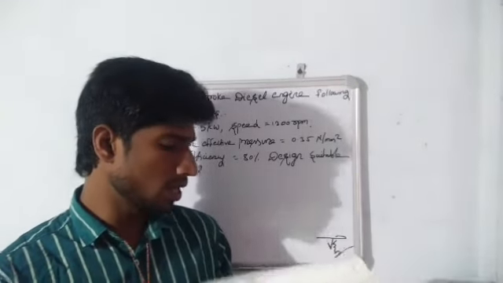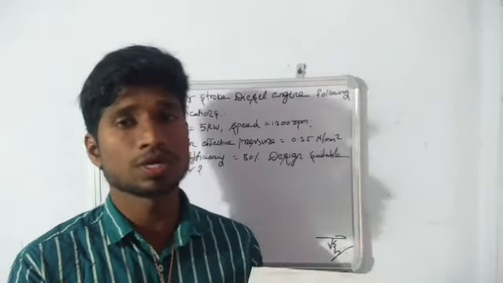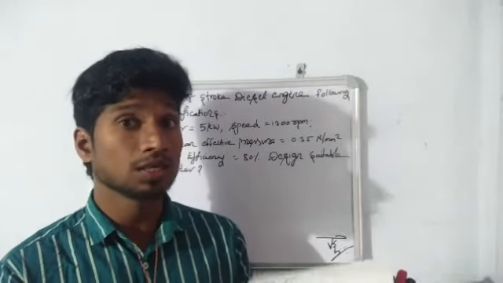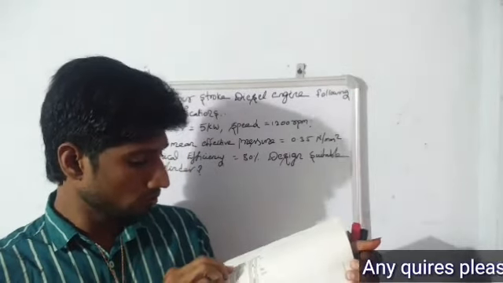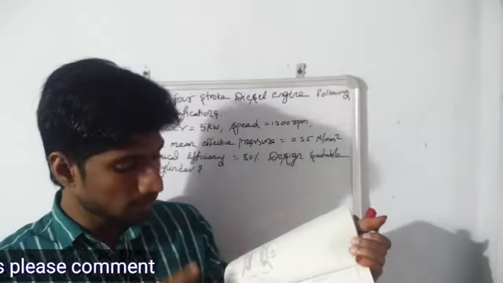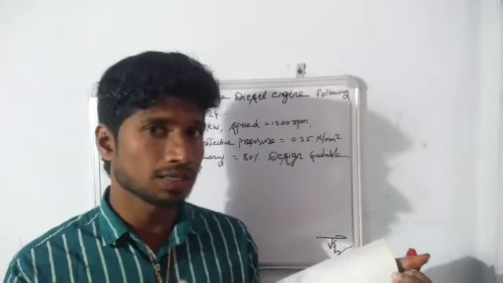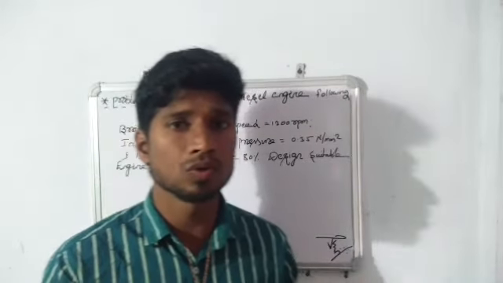After the terminology come the formulas, that means the design steps we discussed in the previous classes. This is the design of engine cylinder, and these are the steps we discussed in the last class. So this is about the design data handbook.